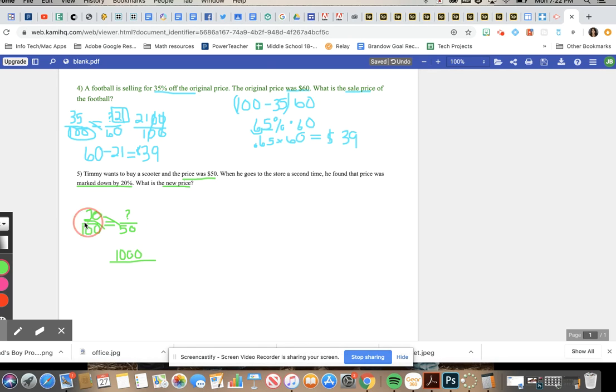Divide by the number that's left. 100. Cross off a couple zeros. 10 divided by 1 is 10. So it was originally $50 minus the amount that was taken off, which is $10, gives us the sale amount of $40.